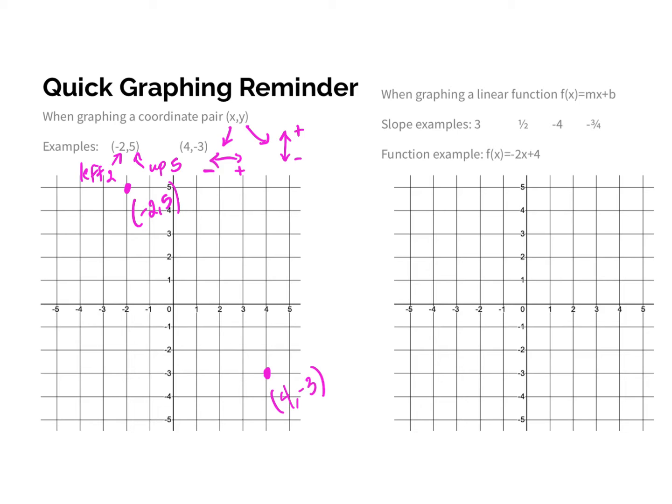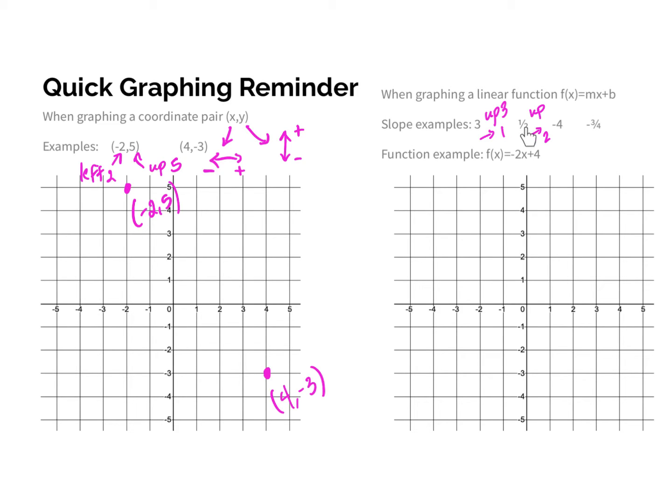That differs from how we graph a function or a linear equation in slope-intercept form, because my slope is going to tell me rise over run. So the slope of 3 would be up 3, right 1. A slope of 1/2 would be up 1, right 2.